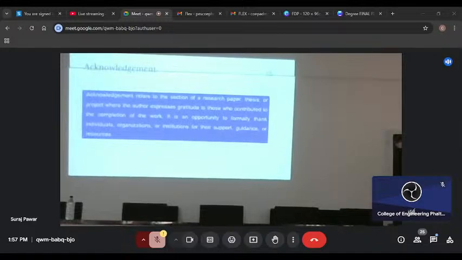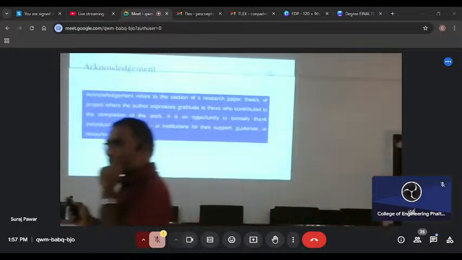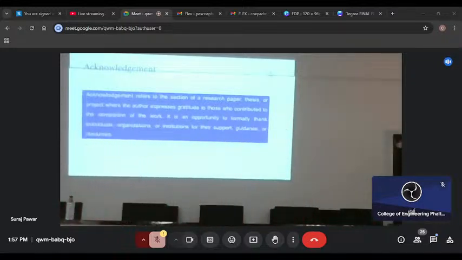Acknowledgement refers to the section of a research paper, thesis, or project where the author expresses gratitude to those who contributed to the completion of the work. It is an opportunity to thank a body, individual, organization or institution for their support, guidance, and resources. Right.